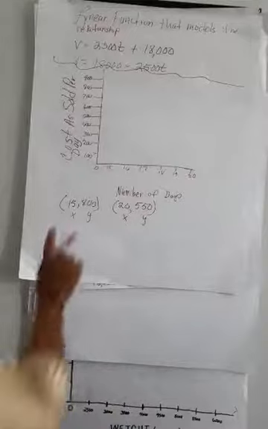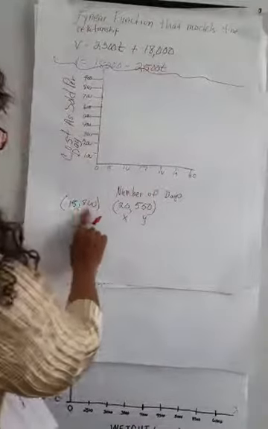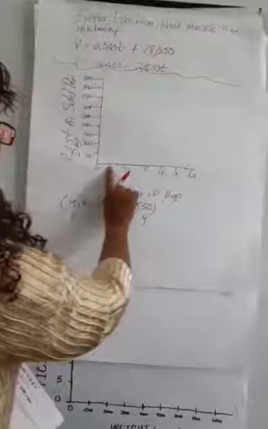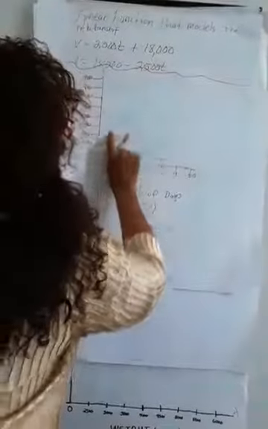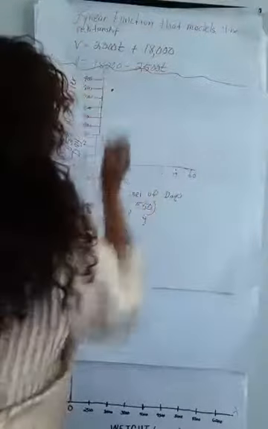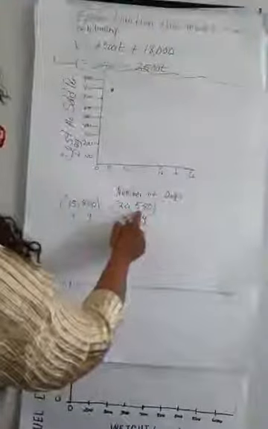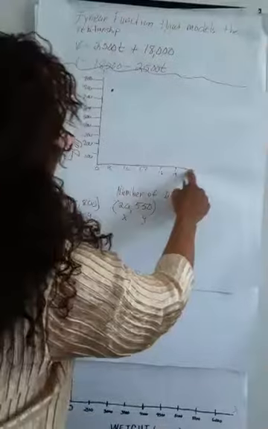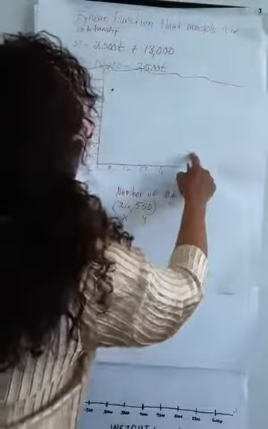Okay, if you were graphing 15 and 800, you know that 15 is going to be here and 800 here, so then you know your point is going to be here. And if you did 20 and 550, your X is 20, your Y is 550, so it's somewhere in here.